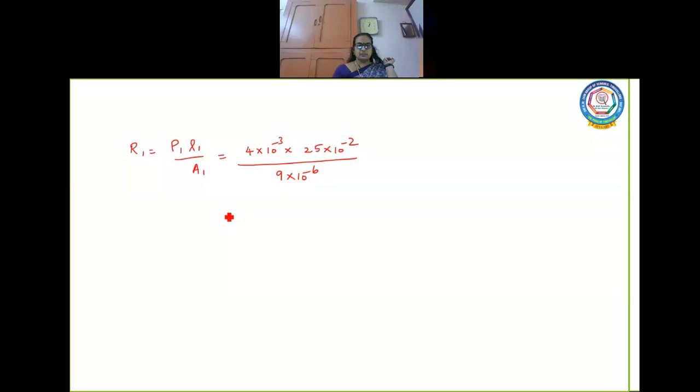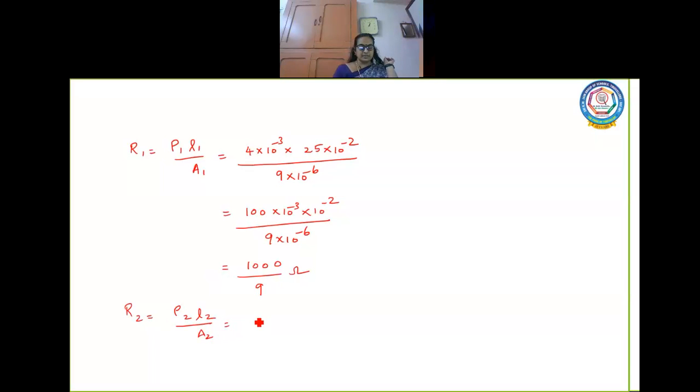So 25 into 4 is 100 into 10 power minus 3 into 10 power minus 2, divided by 9 into 10 power minus 6. 100 is also 10 power 2, so 10 power 2 minus 2 gets cancelled, leaving 10 power minus 3. When the denominator's power goes up, it becomes plus 6. So minus 3 plus 6 will be 10 power 3, which is 1000. So 1000 divided by 9. This is R1.